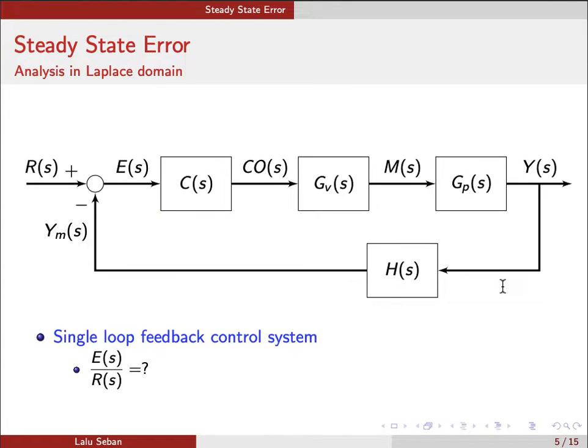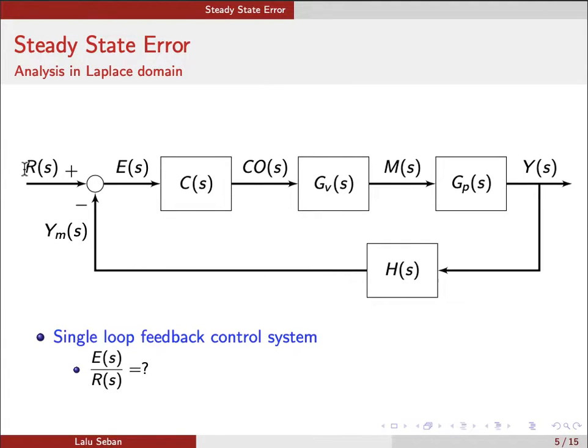Now, as we have discussed, today's class will be on the steady state error. So these are the Laplace representation of the previous closed loop system. In the blocks, we have the transfer function of the controller, the final control element, process, and the sensor in the feedback loop.